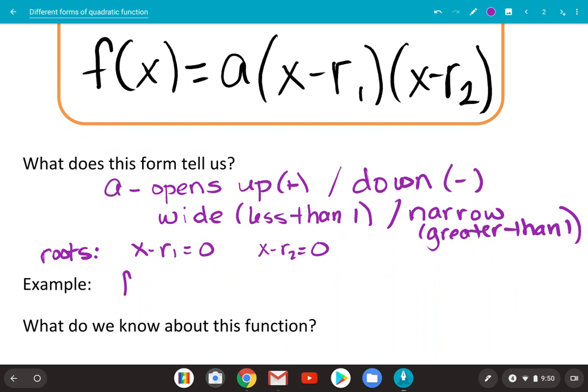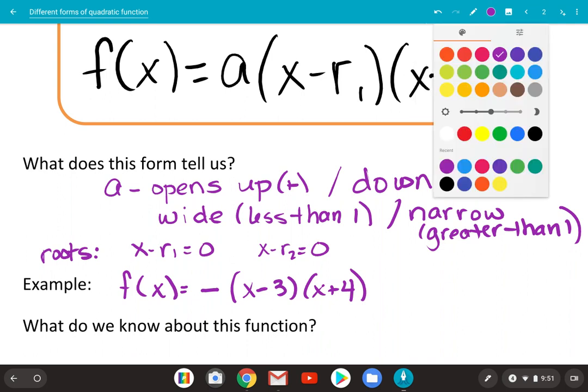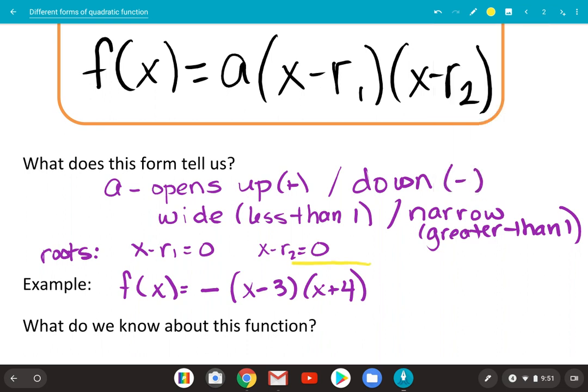All right, so if we have our example, I'm going to go negative, and you can put a 1 there if you want, make it easier for yourself, x minus 3, x plus 4. So this is our equation.